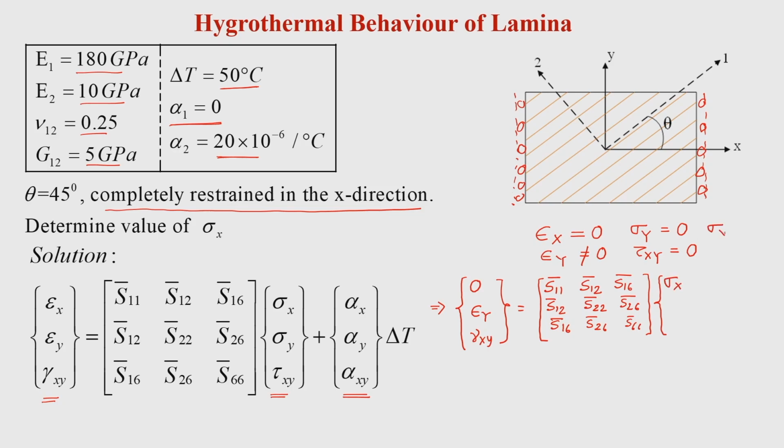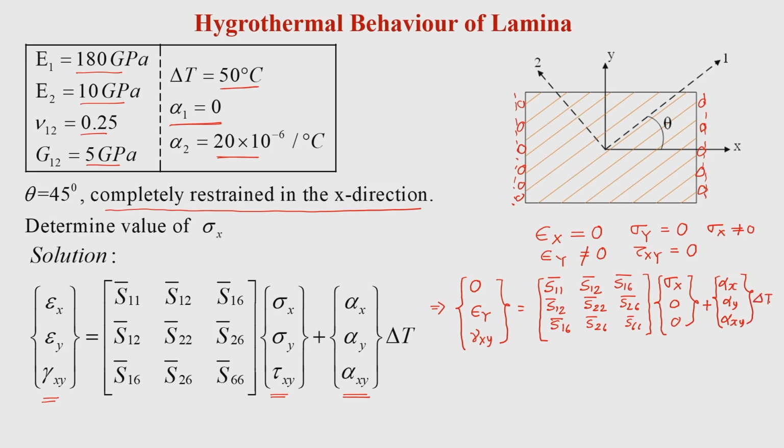Sigma x is the only non-zero stress, and the other two are 0, plus alpha x, alpha y, alpha x y into delta t.